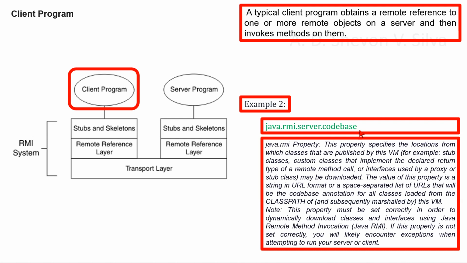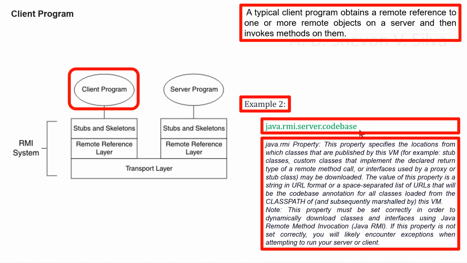This property specifies the locations from which classes that are published by this VM, for example, stub classes, custom classes that implement the declared return type of a remote method call, or interfaces used by a proxy or stub class, may be downloaded.